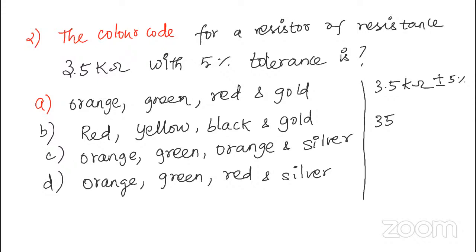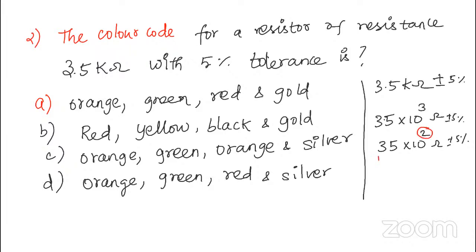So here 3.5 into 10 power of 3 அப்படின்னு சொல்லிட்டு எழுதலாமா? கிலோ ஓம்ஸ். Okay. So இப்ப whole number எழுதும்போது it is 35 into 10 power 2 convert ஆயிரும். Here it is 5%. So இப்ப இந்த 10 power 2 க்கு என்ன கலர்? Actually it is red.